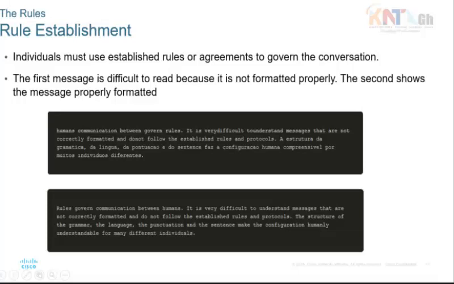It is very difficult to understand messages that are not correctly formatted and do not follow the established rules and protocols. The structure of the grammar, the language, the punctuation, and the sentence make the communication humanly understandable for many different individuals.